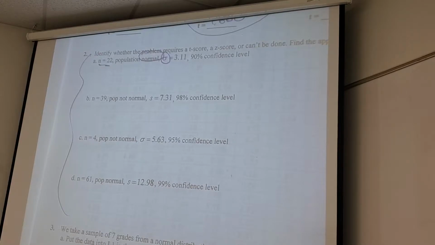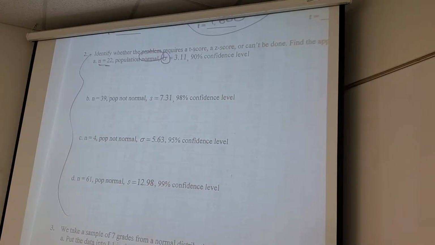If I knew both sigma and S, what am I going to do? Stay with me, because there are some problems in the book like this, and there are problems in real life like this. Sometimes I know the population standard deviation. When I take a sample, can I calculate S? Hell yes. Why would I? I already know the standard deviation of everybody.